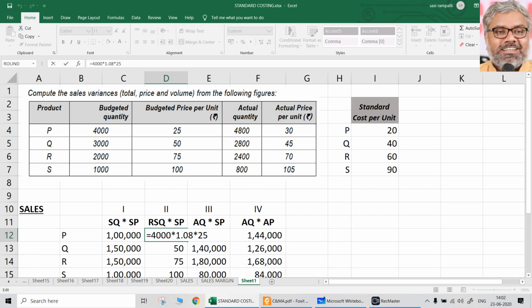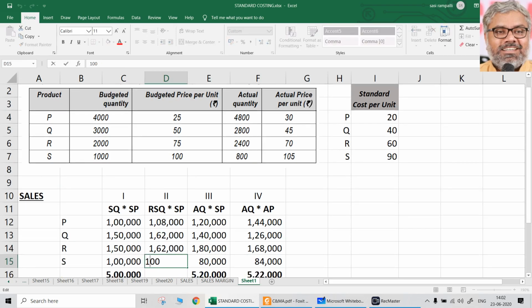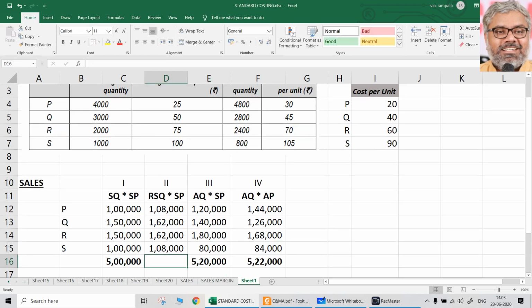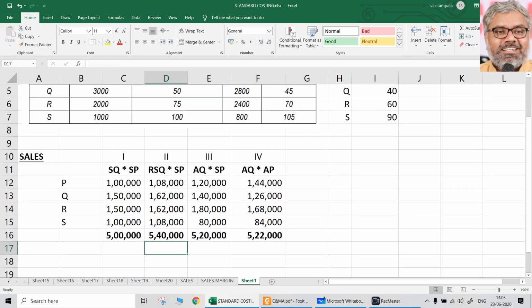That is RSQ multiplied with standard price of 25. Like this we can do for others also. For Q, SQ is 3,000 multiplied with 1.08 multiplied with 50. Same way, 2,000 multiplied with 1.08 multiplied with 75. Same way, 1,000 standard quantity multiplied with 1.08 into standard price 100. That's all. So that is RSQ SP.